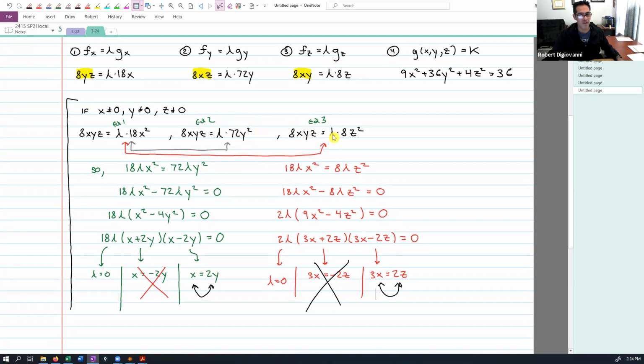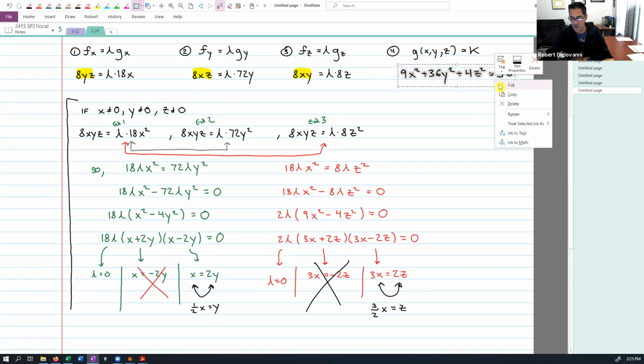But I don't know if we need to, because I can express y in terms of x, and I can express z in terms of x. In other words, I could solve this equation here for y, and I could solve this equation here for z. So if I know that y has to be half of x and z has to be 3/2 of x, then I can go into the fourth equation now and rewrite it, can't I?